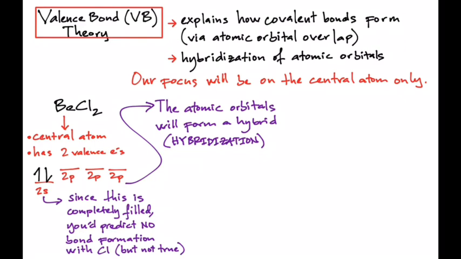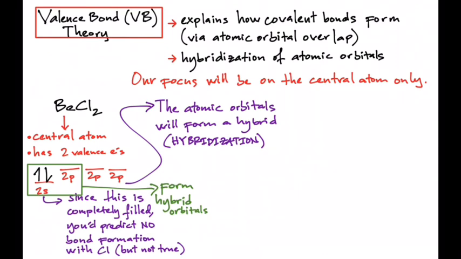The number of hybrid orbitals formed is equal to the total number of valence electrons of the central atom. Because beryllium has 2 valence electrons, it will form a total of 2 hybrid orbitals, namely from the 2s and one of the 2p orbitals.